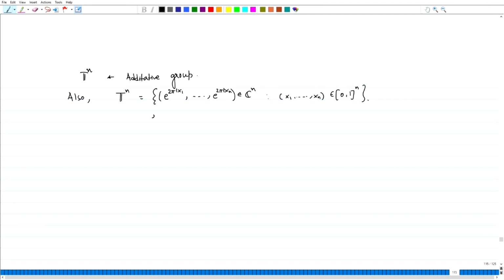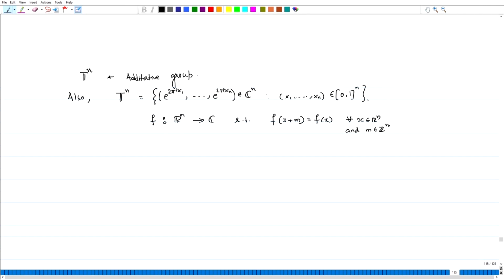With this notation fixed, now we need to define what we mean by a periodic function. Let us take a function f from R^n to C such that f(x + m) = f(x) for all x in R^n and m in Z^n.